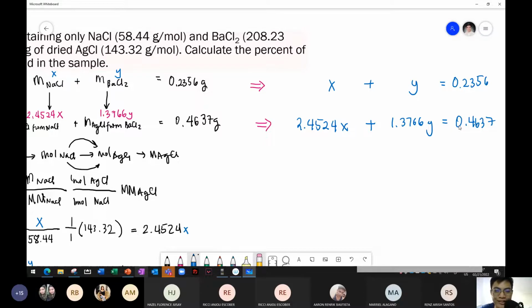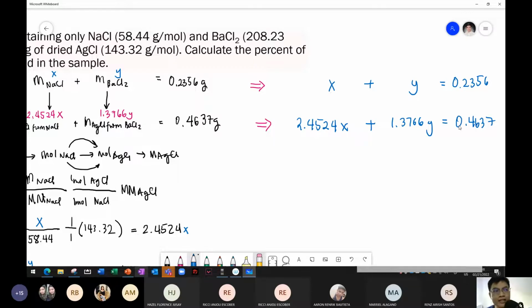Kapag nag-elimination tayo sa equation, ang ini-eliminate natin ay yung mga similar terms. Siyempre, isa lang. Okay? Only one of the similar terms must be eliminated.